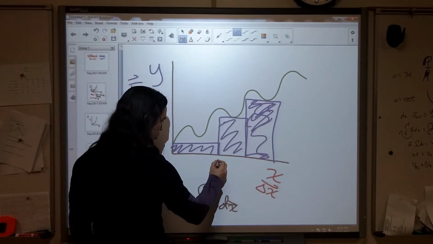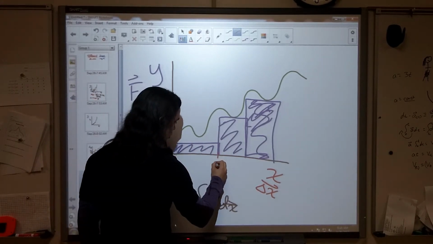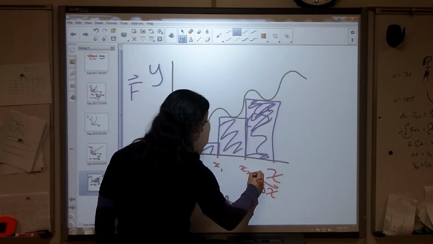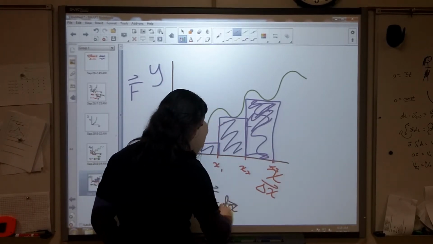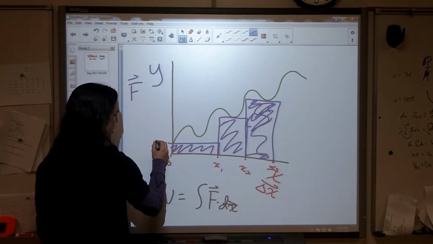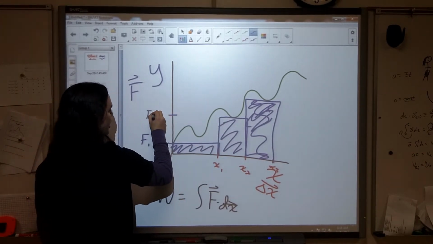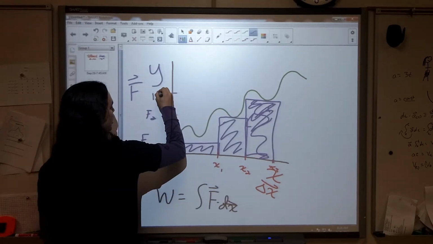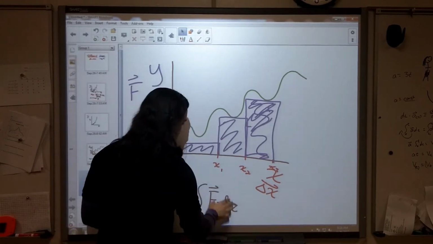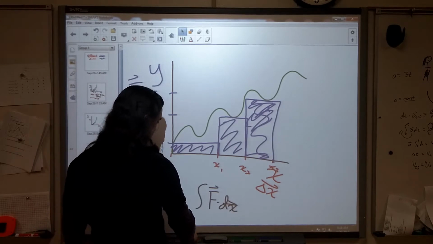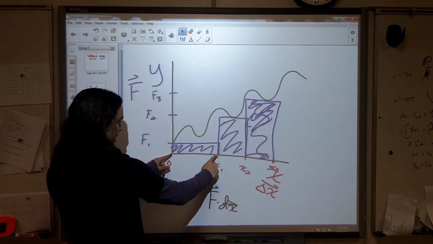So let's find this rectangle. Let's say that this is from 0 to x1, this is x2, and this is x3. And then we've got f1, f2, f3. If I'm going to find the area of this one, it's a rectangle, so I would do base times height.